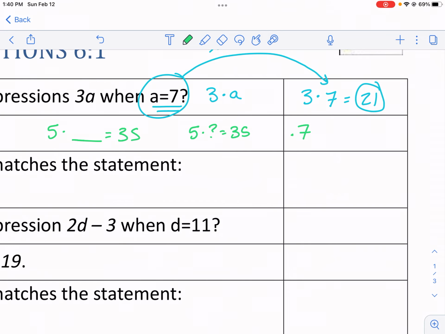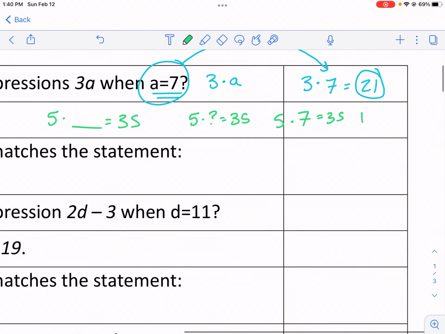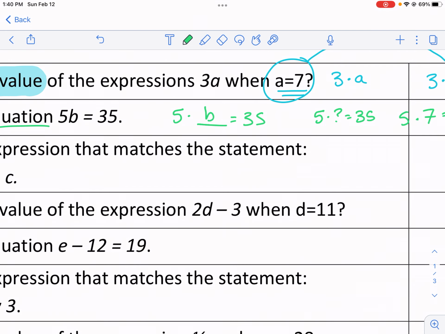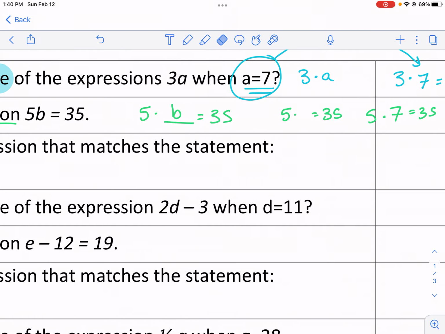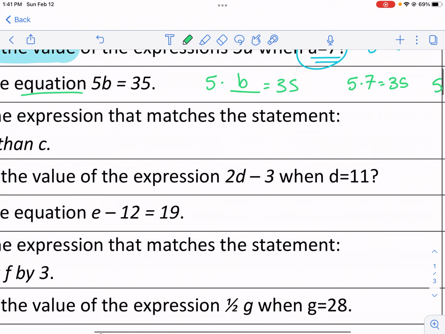We know that 7 times 5 equals 35, but it's asking us what is the value of b. That's what it means to solve. So b equals 7. So instead of writing 5 times b, we can write 5 times 7. So we know that b and 7 are equivalent. They're equal. So there's my answer. We want to solve for the variable. That means find the variable's value.